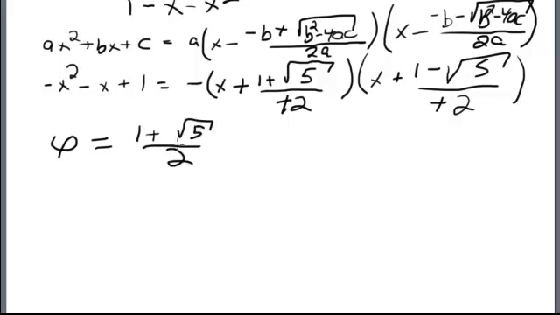It's an irrational number because the square root of 5 is an irrational number, and it's approximately equal to 1.618, somewhere around there. So instead of carrying out all these square roots in this notation, which is going to get complicated, I'm going to simplify and write this as phi.